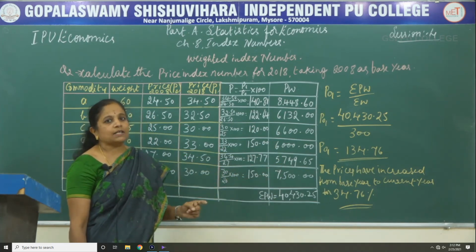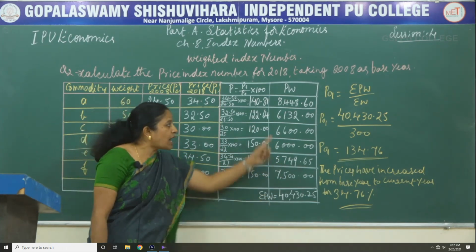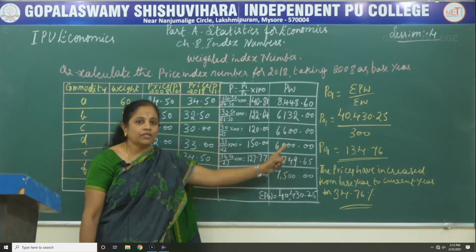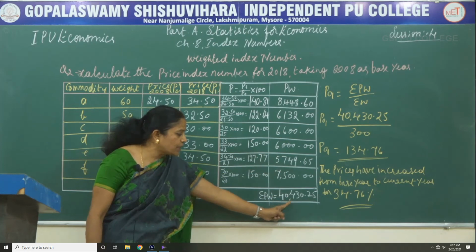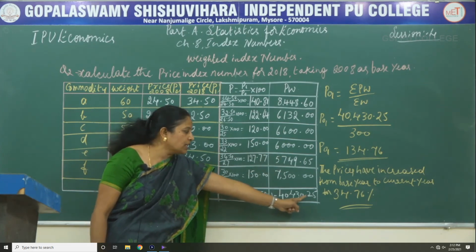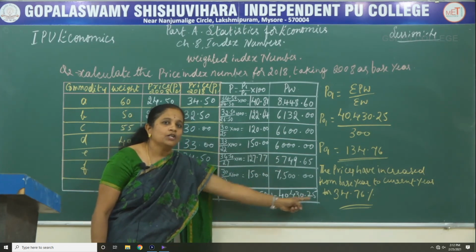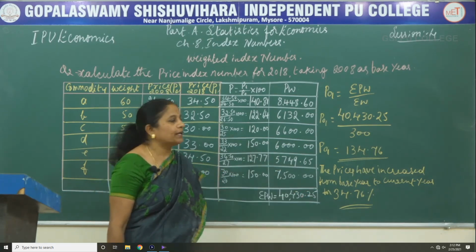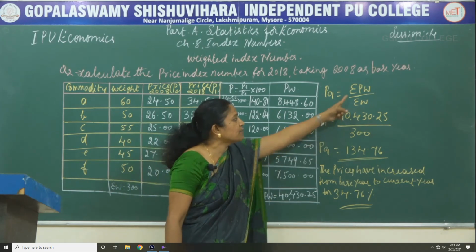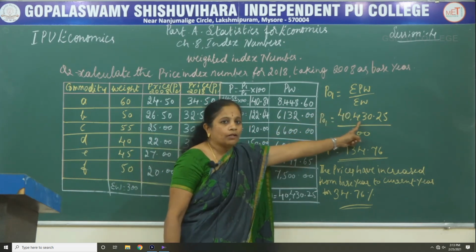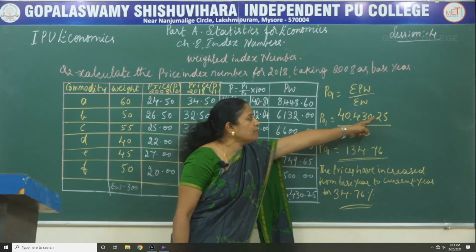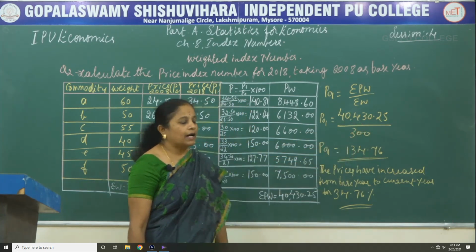To obtain the sigma price weight, we should add all these. So when we add the values of the individual price weights, we obtain 40,430.25. So now let us put that sigma PW value upon the sigma weight value, that is 40,430.25 divided by 300.